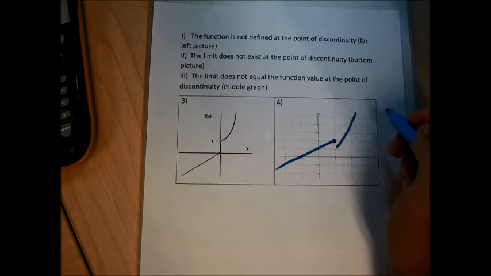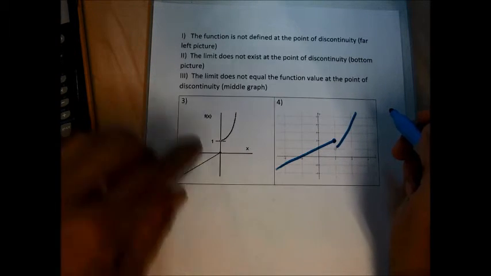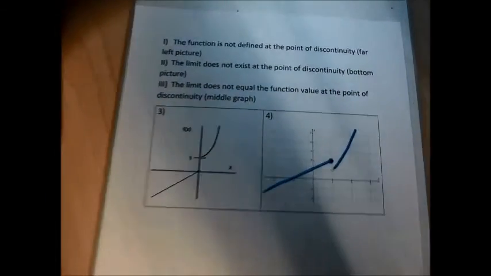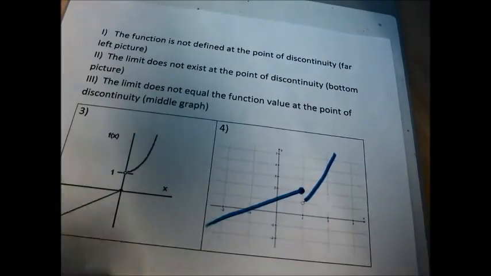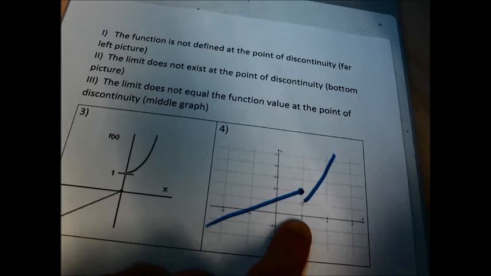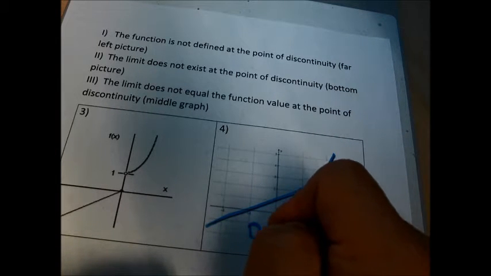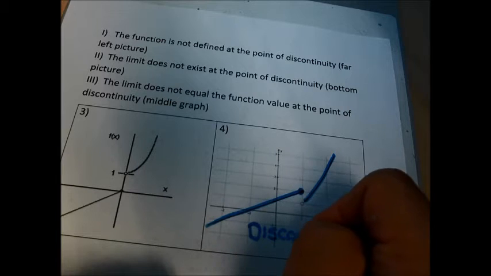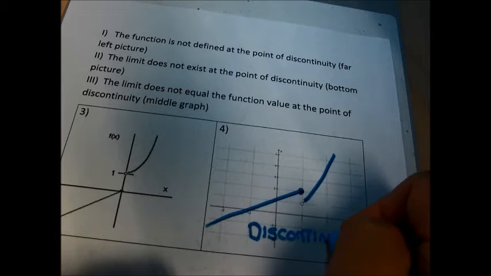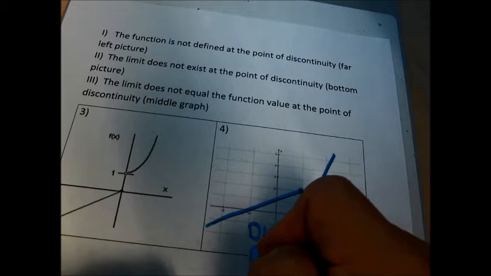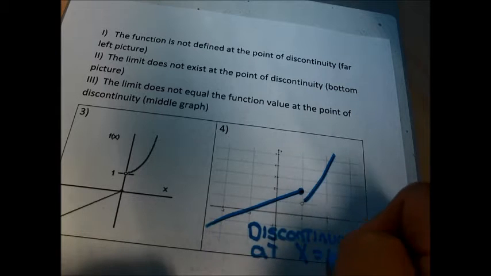So the place where I had to lift up my pen is that value of x, and that's microscopically small, but that's at x equals 1. So it has a point of discontinuity, or it's discontinuous, or it's not continuous, at x equal to 1.